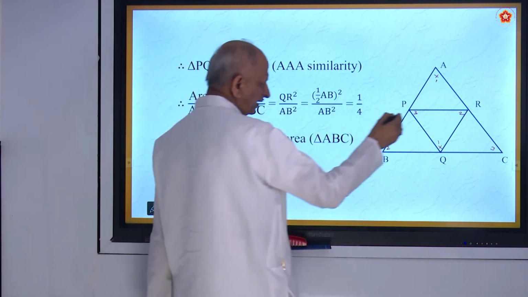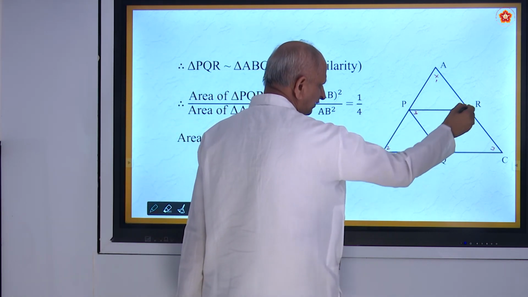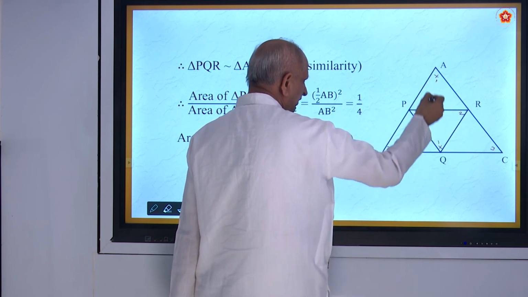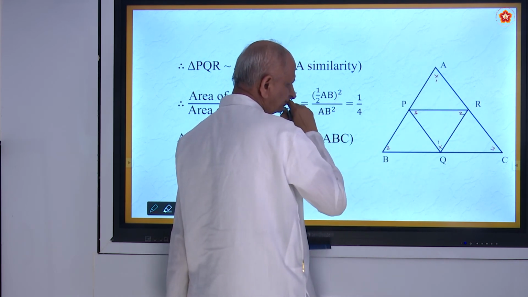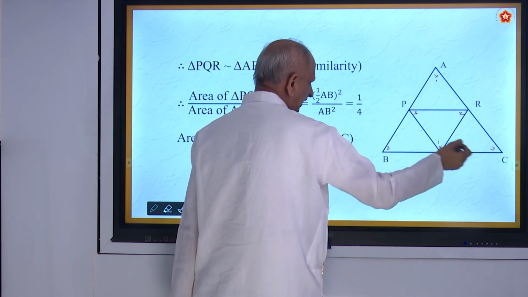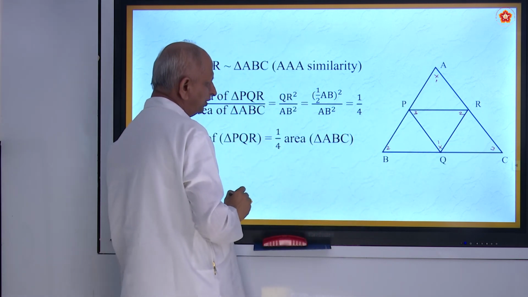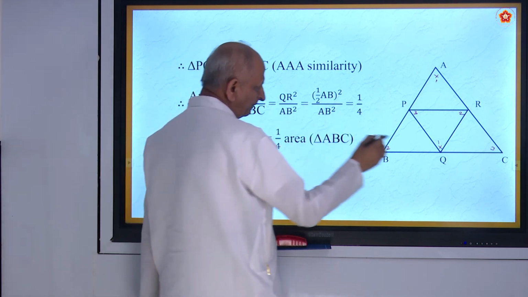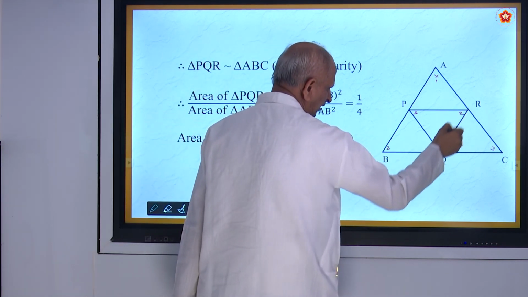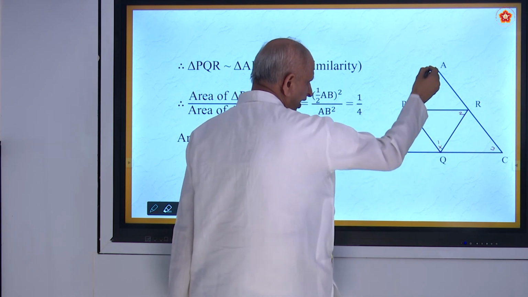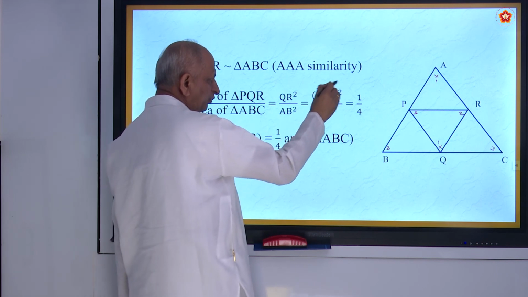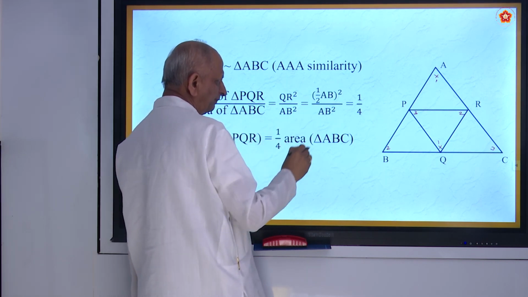In this triangle, you have QR is one side. It is QR square by AB square. That is for the big triangle, right? And it is equal to, QR means how much? Q is the midpoint, R is the midpoint. Therefore, the line joining QR is half of this. Half AB square. Half AB whole square by AB square.